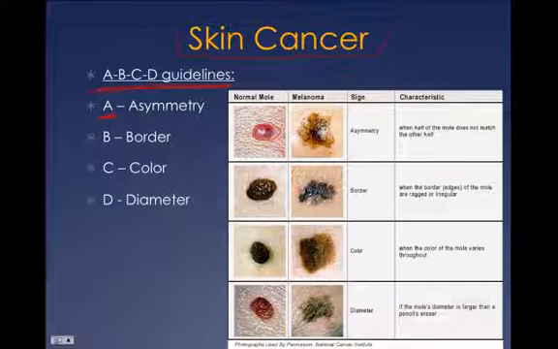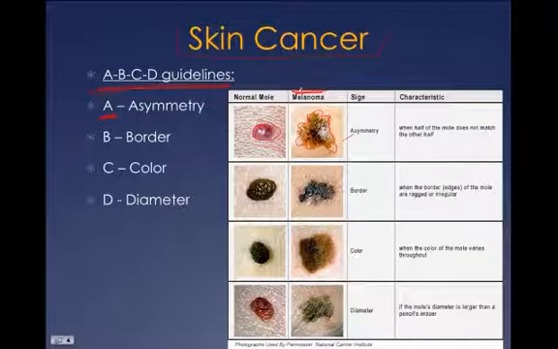Here, in an asymmetrical mole, there's no real symmetry. You can see this half in no way, shape, or form matches this half here. So that's the first guideline. Something that you would want to get looked at would be something that exhibits asymmetry, okay?